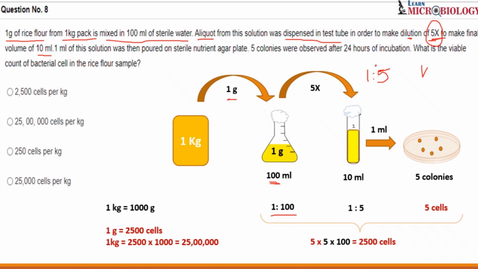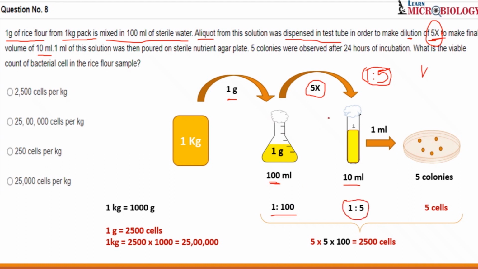So the dilution is how much? 1:5. So we take some amount of liquid from this flask into a test tube, and the final volume is 10 ml, and the dilution will be 1:5. So we can see the dilution factor is 1:5.